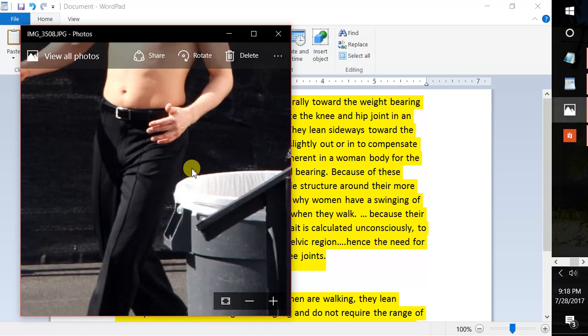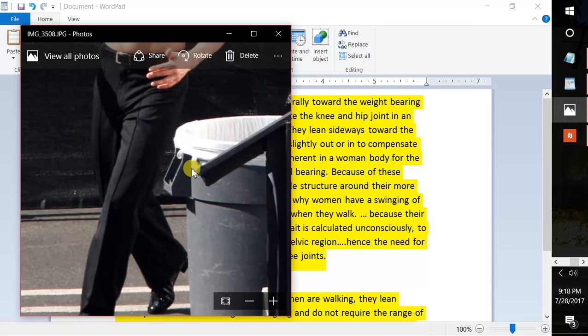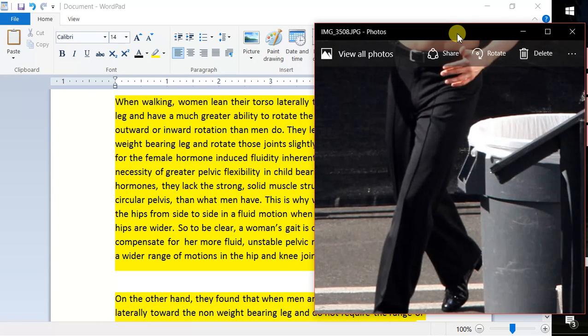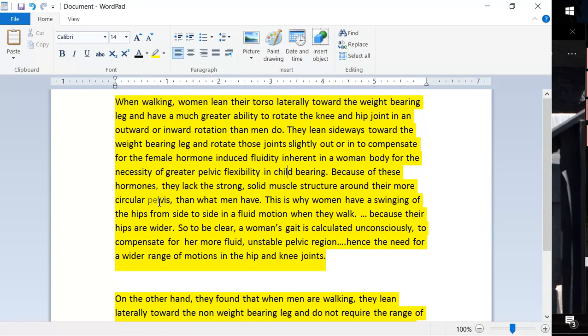Angie said that the way she walked, she didn't walk like a man would walk. And in my understanding, which I'll explain a little later, I knew that the female walk is different from a male walk because the hips are wider. So Angie attempted to explain even more so we could understand. I'm going to share what she said right here with you. I'm going to read it for you guys to see.